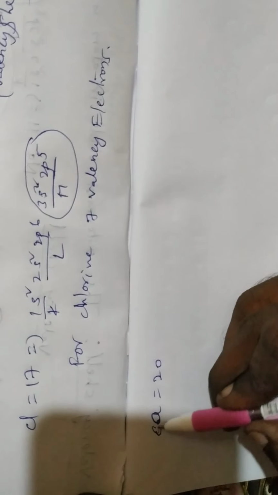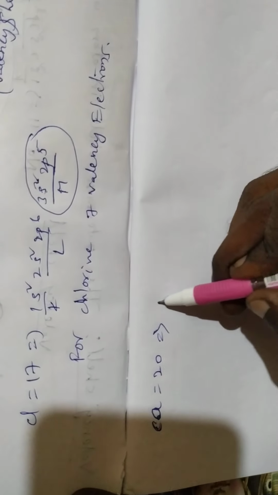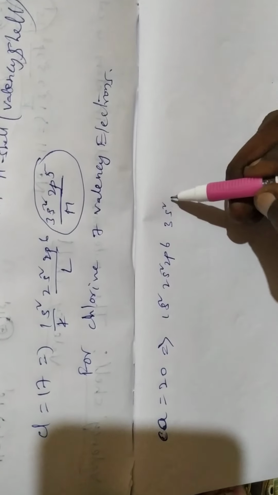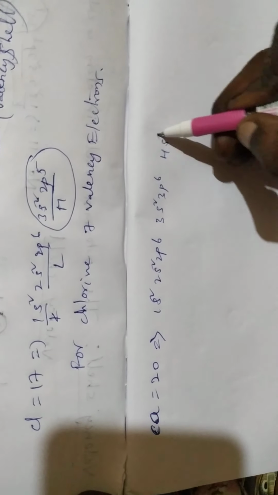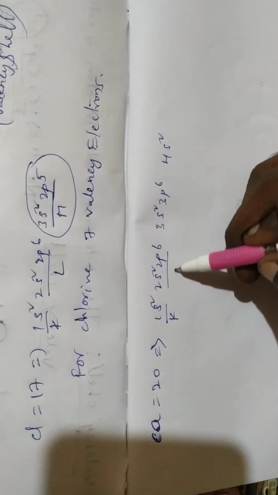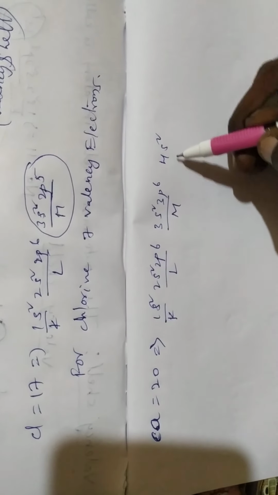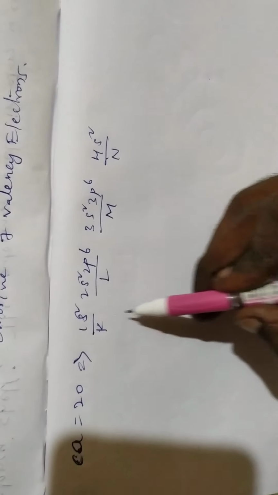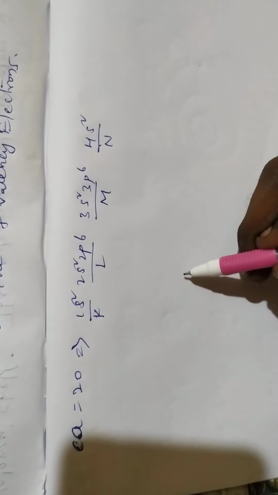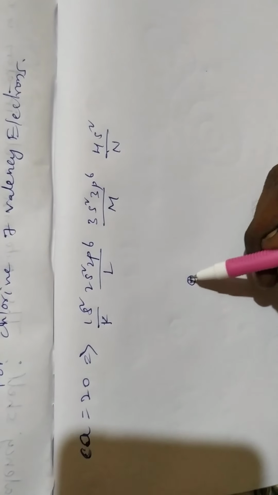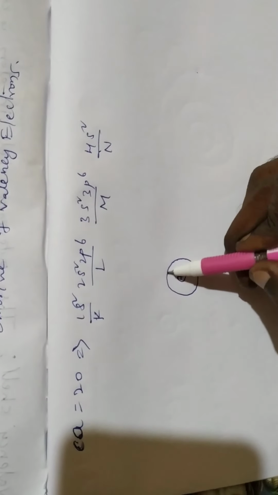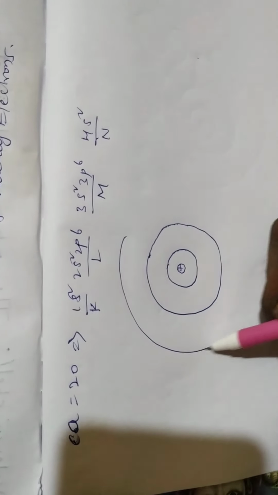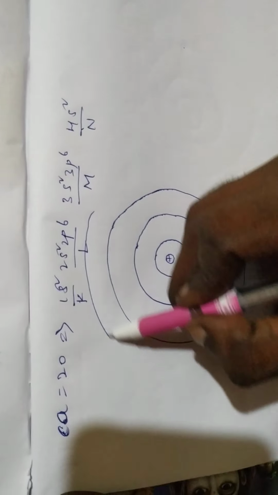For calcium, atomic number 20. 1s2, 2s2, 2p6, 3s2, 3p6, 4s2. K shell, L shell, M shell, N shell. Now here 4 shells are there. According to the shell diagram, this is K shell, this is L shell, this is M shell, this is N shell.